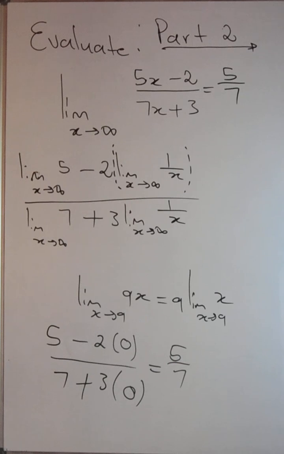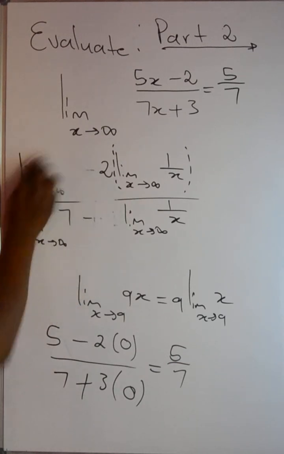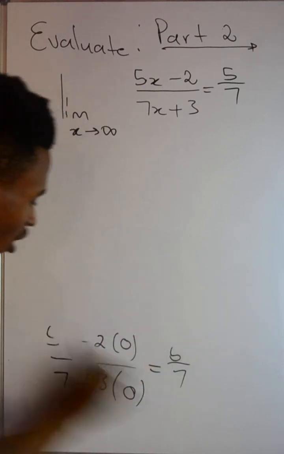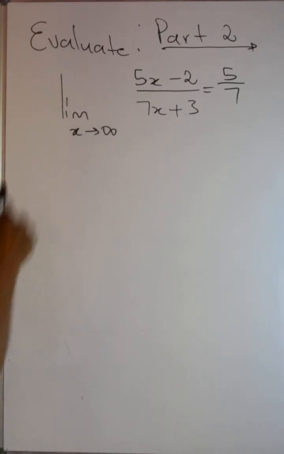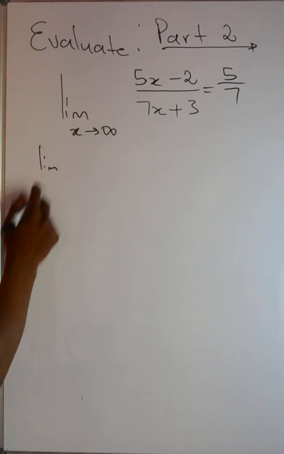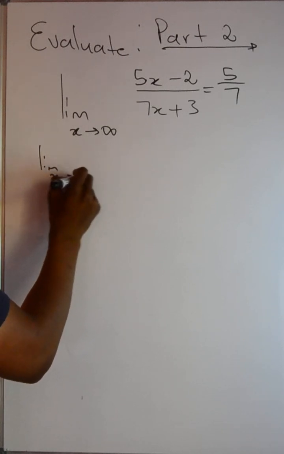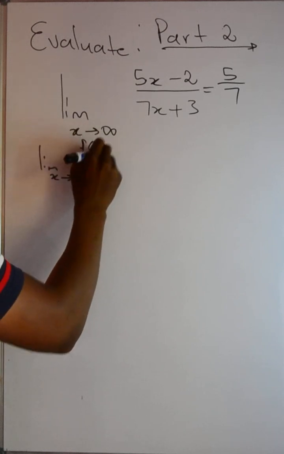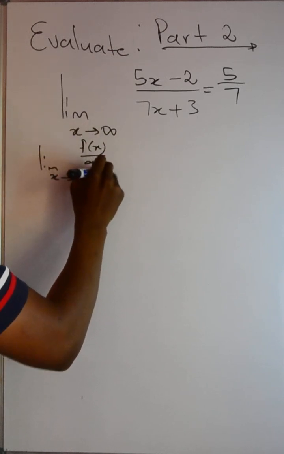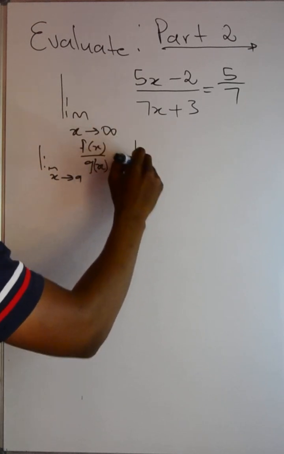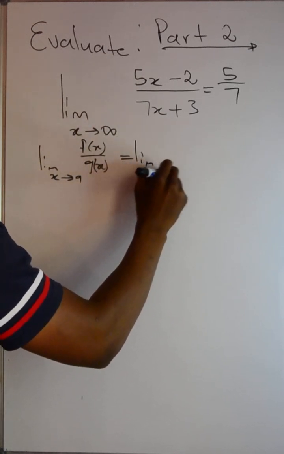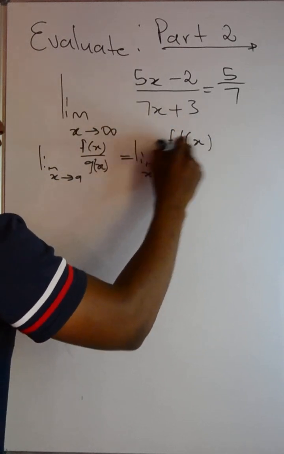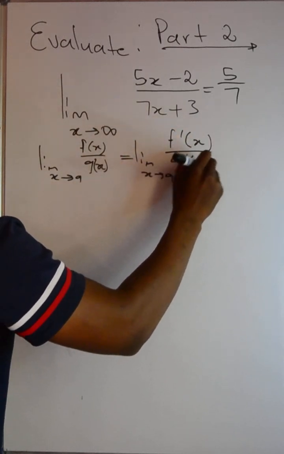So we can try using L'Hopital and see if we get the same thing, because we should. By the law, we know that the limit of x approaching a of f(x) over g(x) equals the limit of x approaching a of f prime(x) over g prime(x).